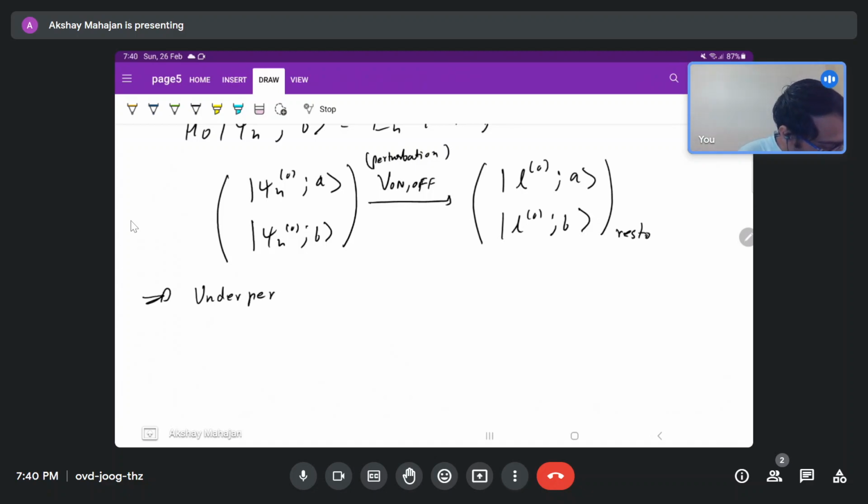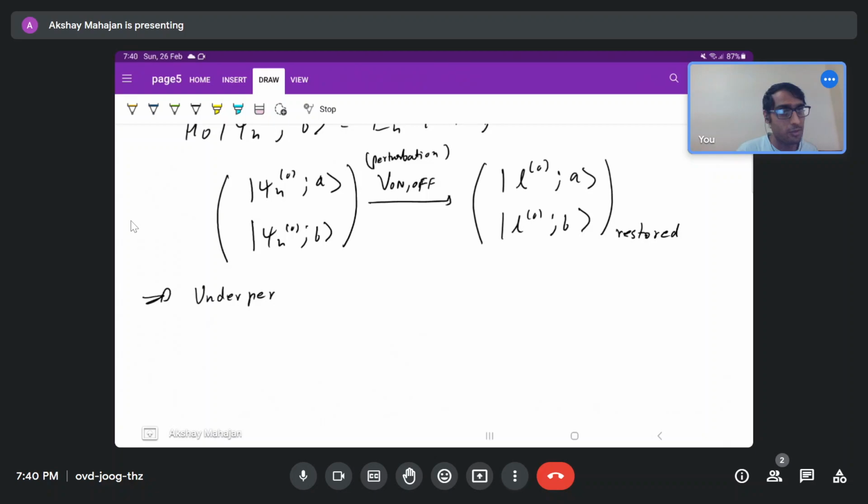What I am saying is that if I apply the perturbation and then switch it off, the zeroth order state will become some combination of our degenerate states. That is also what was told in the class.